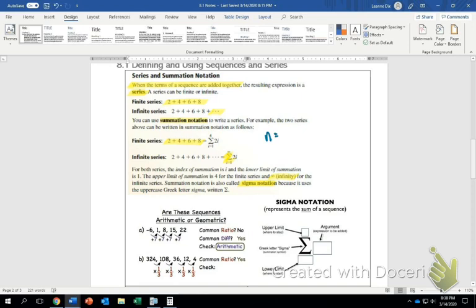But I'll say n equals infinity with an infinite series. Remember, an infinite series is going to have that ellipses. Having this off to the side will help you as we go to the next part.